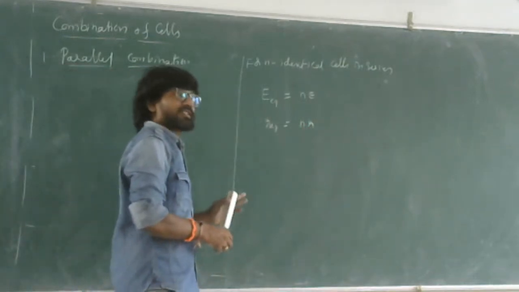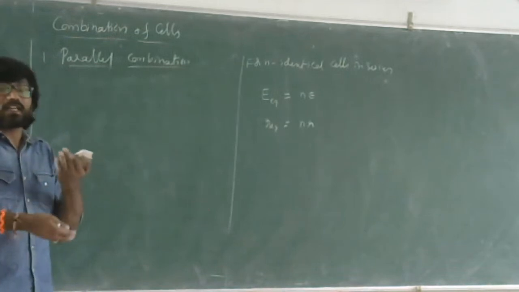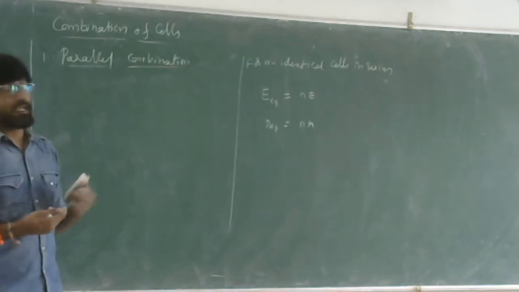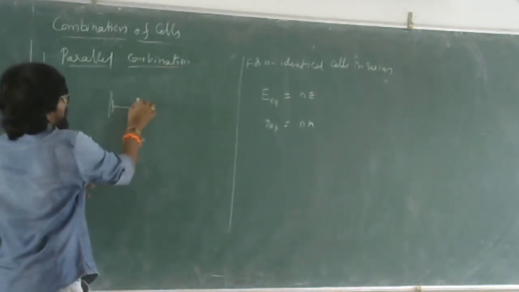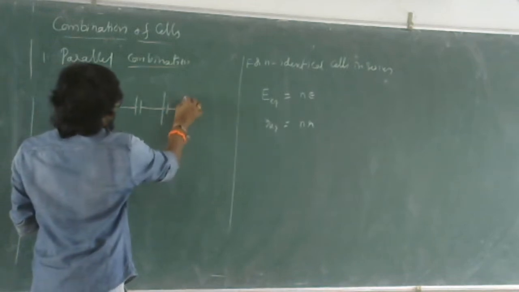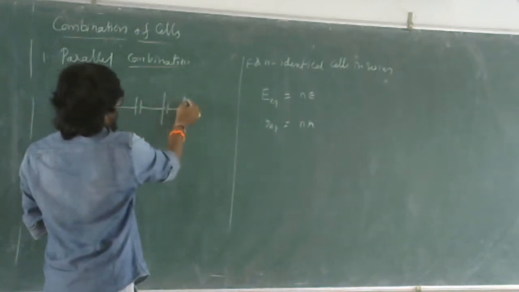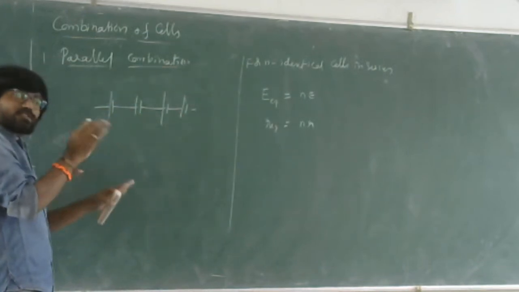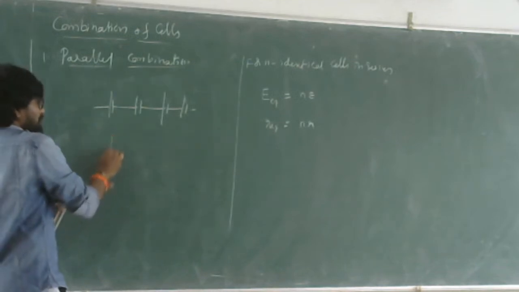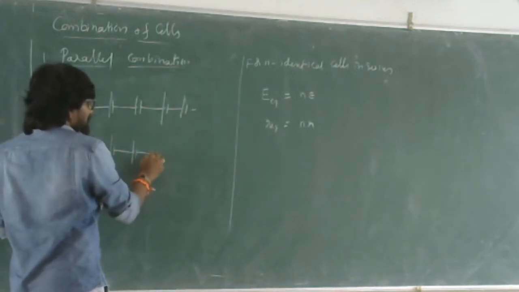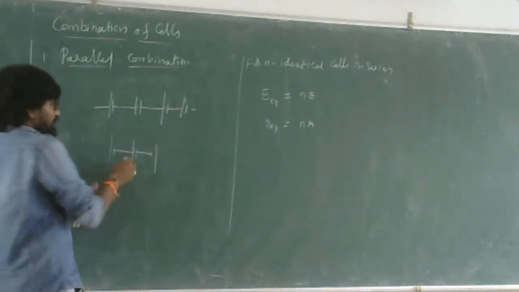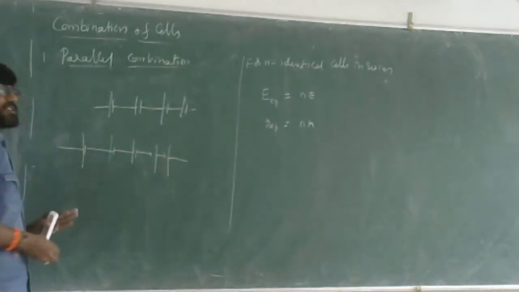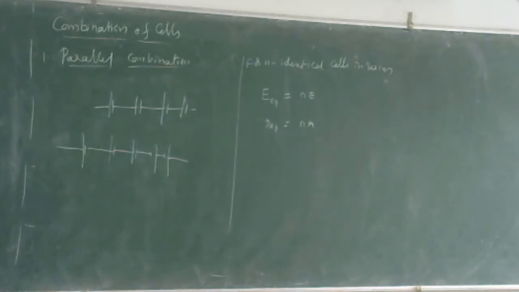Whereas, out of these n, if m cells have reversed polarities, which can also be called connected wrongly, so instead of connecting positive, negative, positive, negative, positive, negative, if m cells are connected in reverse order, like this, then another cell is connected like this, reverse. If you have 3 cells like this and 2 cells like this, then what is the E equivalent EMF?